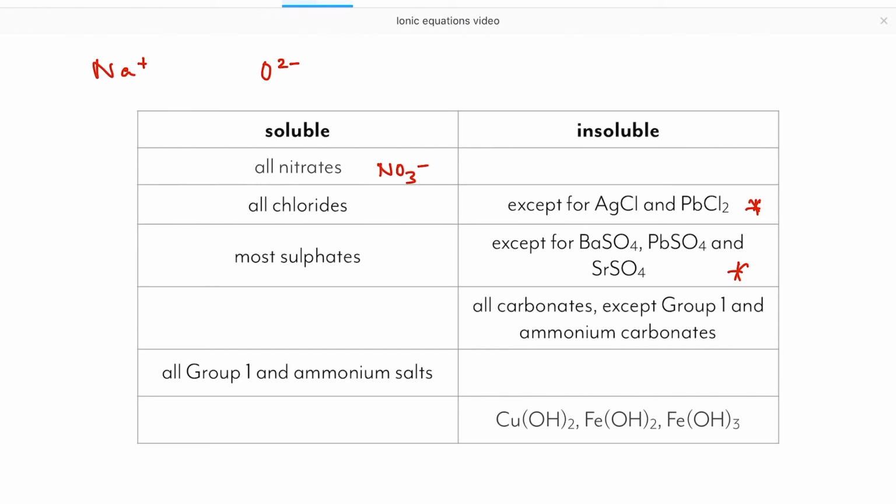Transition metals, the ones that you should definitely know about, are copper hydroxide, iron 2 hydroxide, iron 3 hydroxide. These were part of the ion tests that you learned at GCSE, so you know that they're precipitates, you know that they're insoluble. The copper hydroxide is pale blue, the iron 2 is pale green, and the iron 3 is essentially rust coloured. So start putting all this information together and get learning.